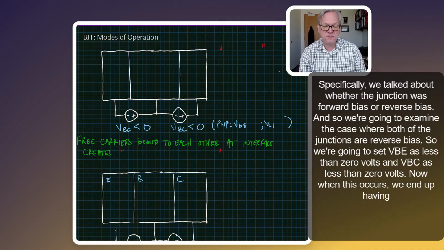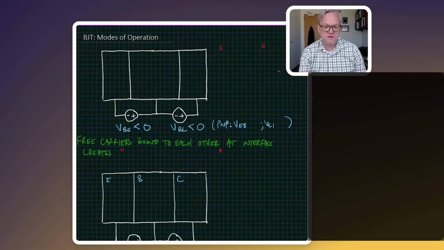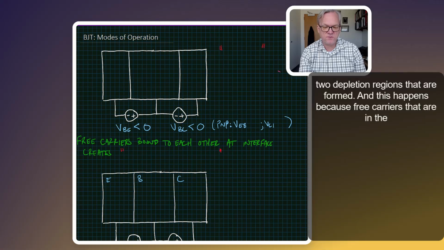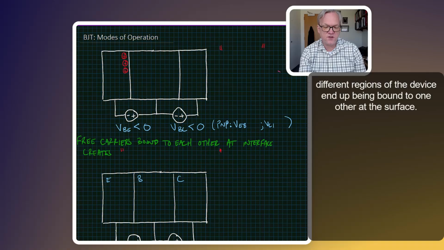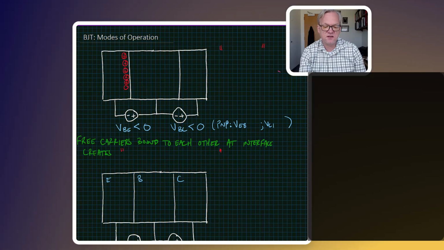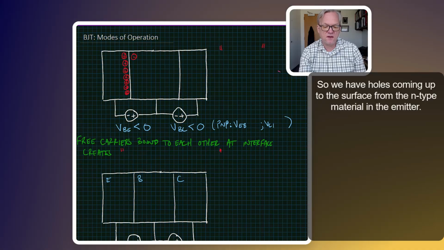Now, when this occurs, we end up having two depletion regions that are formed. And this happens because free carriers that are in the different regions of the device end up being bound to one another at the surface. So we have holes coming up to the surface from the N-type material in the emitter.